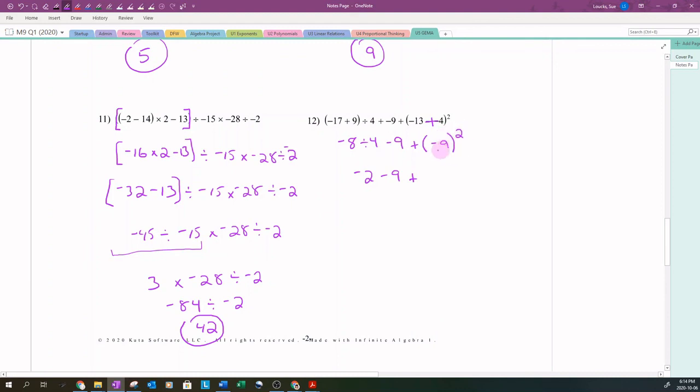Because the negative 9 is in brackets, it's negative 9 times negative 9, which is positive 81. And then I have negative 2 minus 9 is negative 11 plus 81. And in my head, I'm switching places and saying 81 minus 11. Well, that's easy. That's 70. But negative 11 plus 81, I have no idea what that is. Okay, so that one is 70.